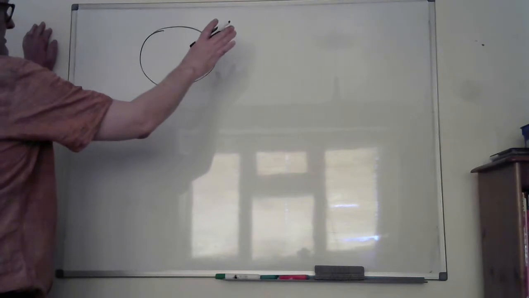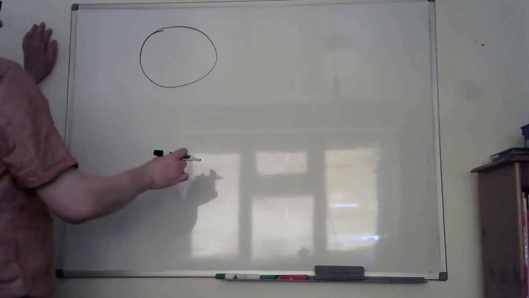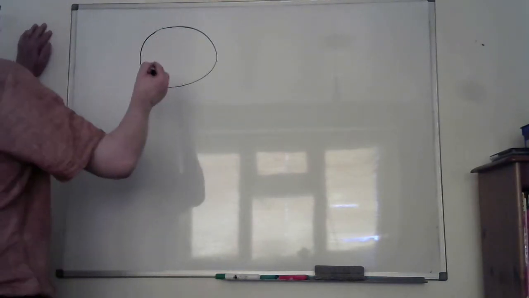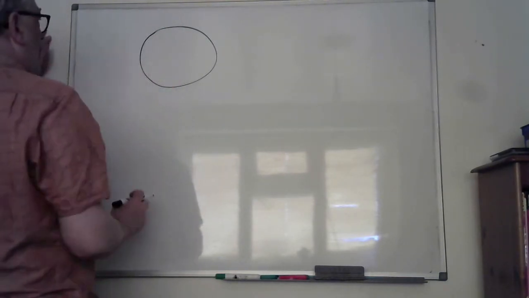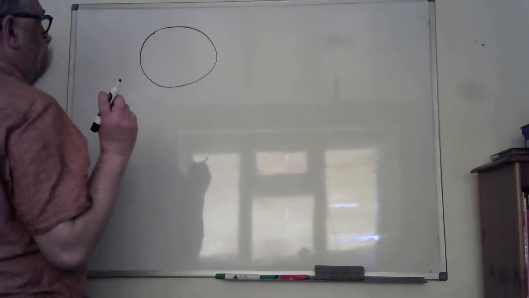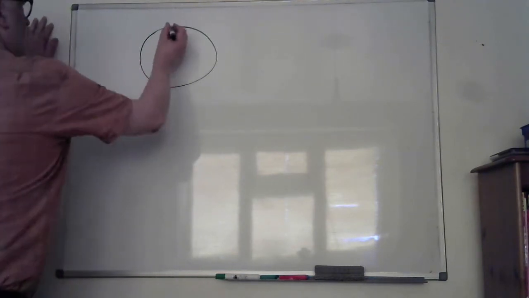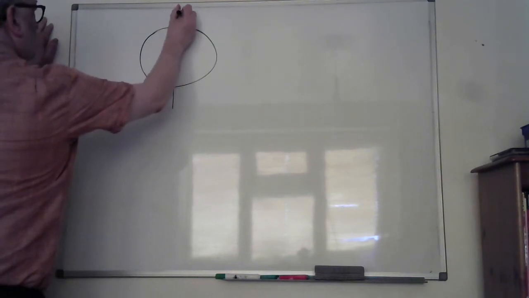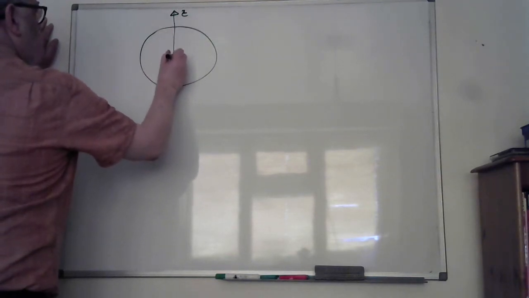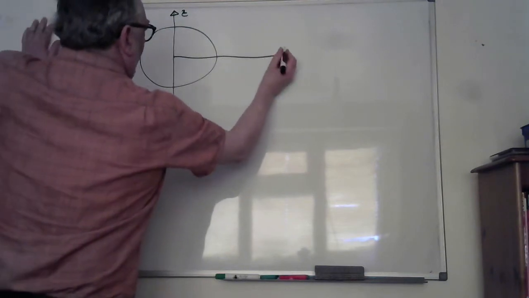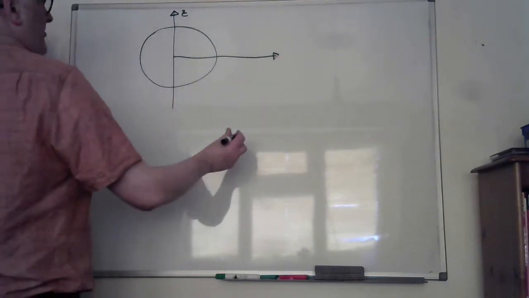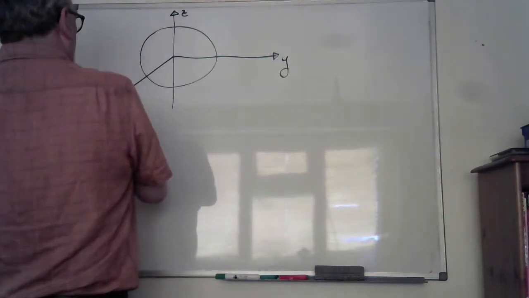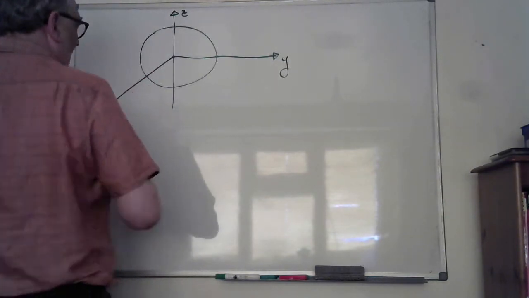The whiteboard is a 2D plane, so you have to use a bit of artistic license when not only drawing this diagram, but also understanding and interpreting it. We have an axis which we'll call Z, and an axis going up here horizontally. Normally that would be referred to as the y-axis, and this axis coming out here as the x-axis.